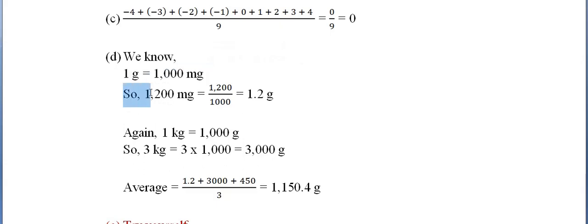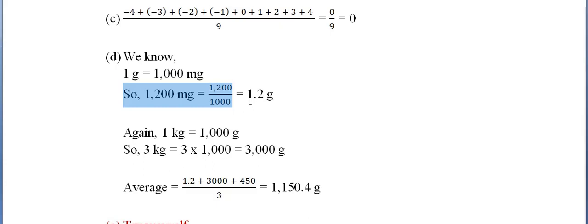So 1200 milligram is 1200 divided by 1000, because we are converting milligram to gram. We could convert the kg into milligram also, but the number will be very large. First you have to convert kg into gram, then gram to milligram, so the number will be very large, isn't it?